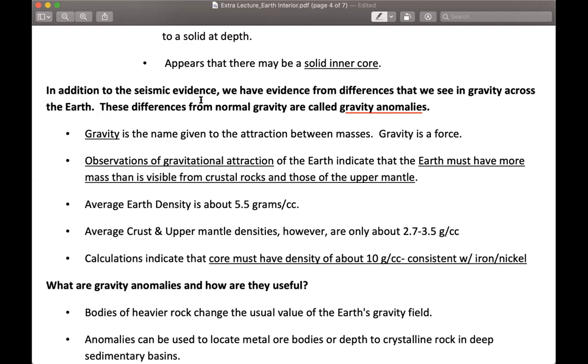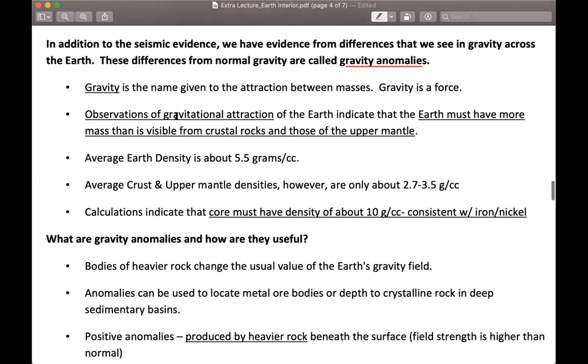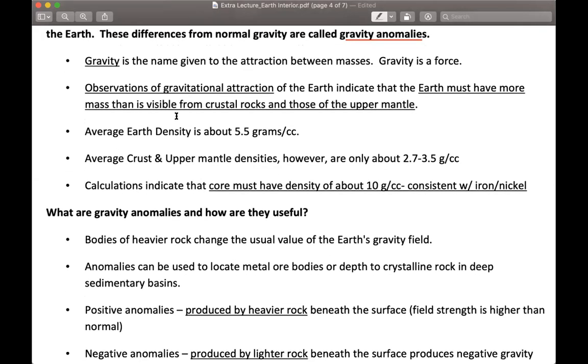But if you have a magnetite deposit, it can change the gravitational field in great detail, right?